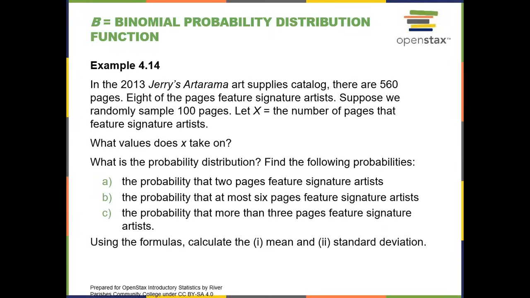In a 2013 art supplies catalog, there are 560 pages. 8 of the pages feature a signature artist. Suppose we randomly select 100 pages, n equal to 100. Let X be the number of pages that feature a signature artist.